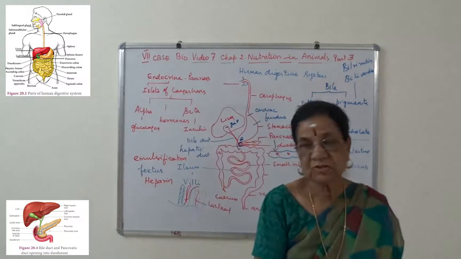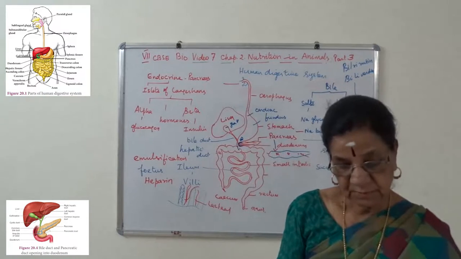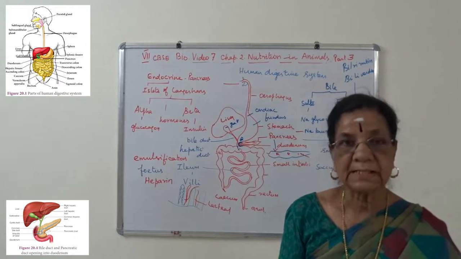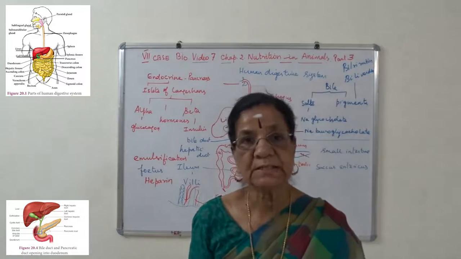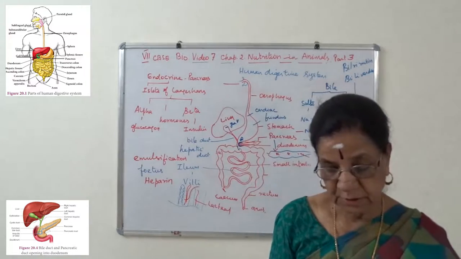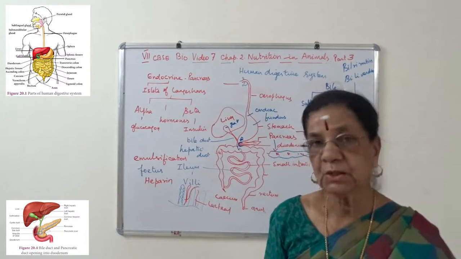Lactate is also mingled with the villi. So after complete digestion, the complex carbohydrates are converted into simple sugars like glucose.